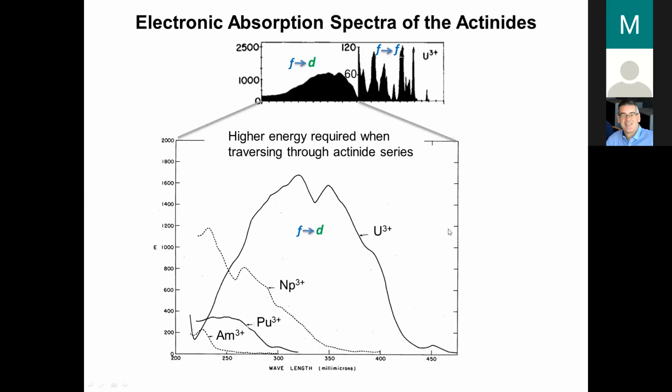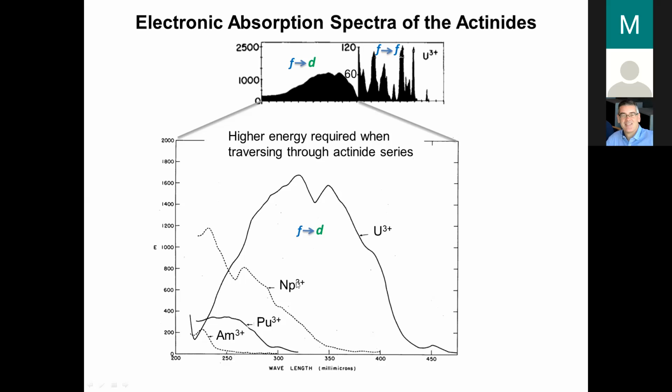Finally, I want to go back one more time and discuss one more trend on these electronic absorption spectra, namely that in the FD spectral range, you see an obvious trend when going from uranium to neptunium to plutonium to americium.